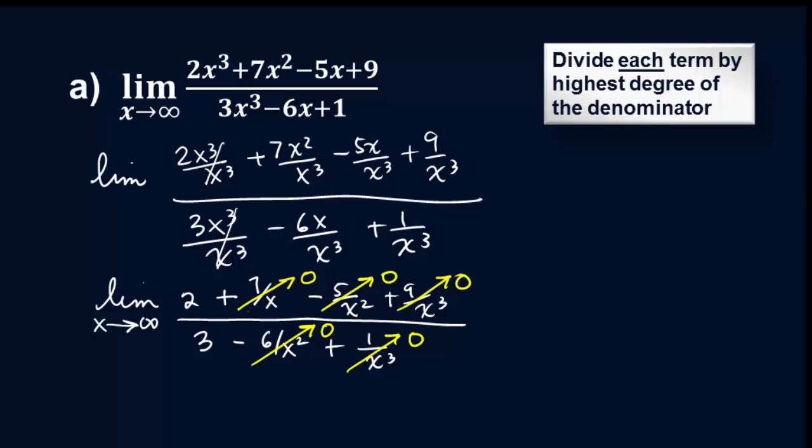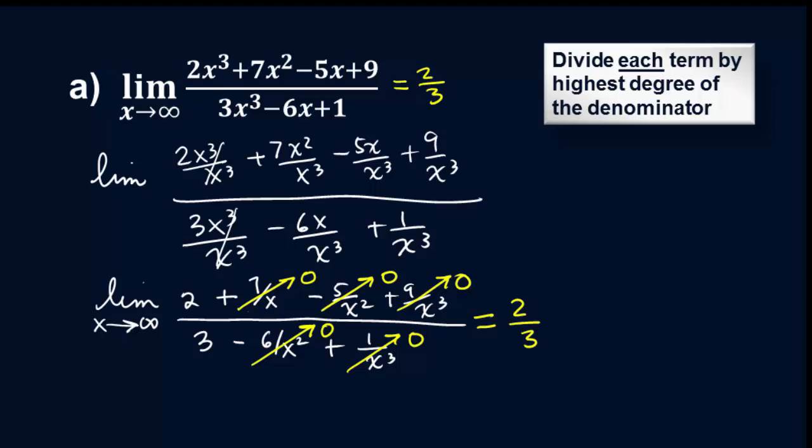And of course we know that the limit of a constant is equal to a constant. So really what we have here is that the limit of this whole expression in letter A is equal to 2/3, because the rest of the terms would go to 0. So the limit of this expression as x goes to plus infinity is equal to 2/3.